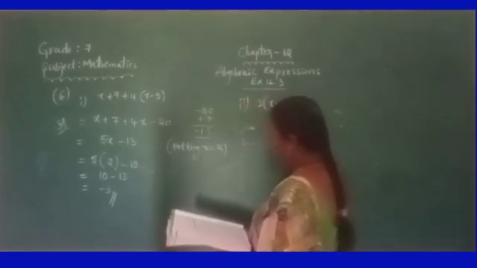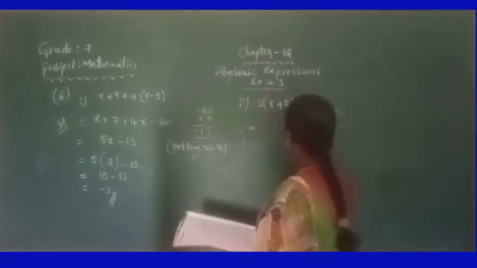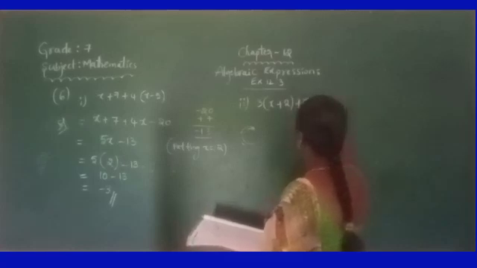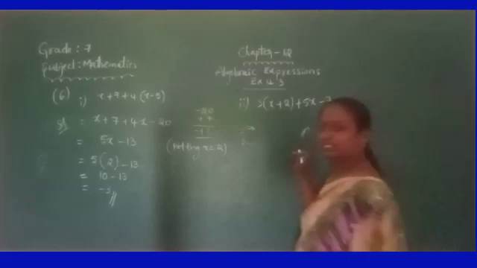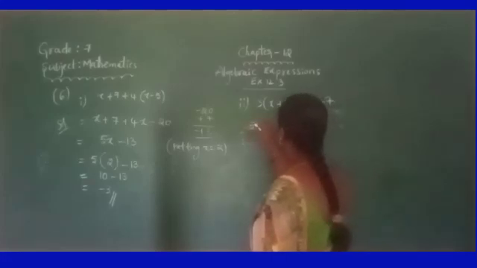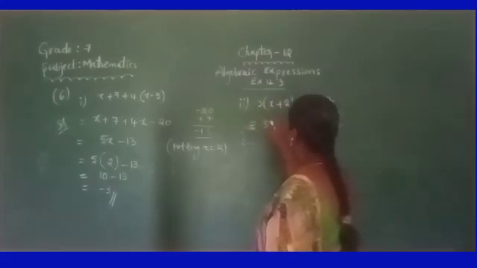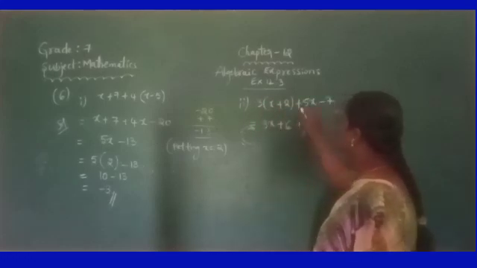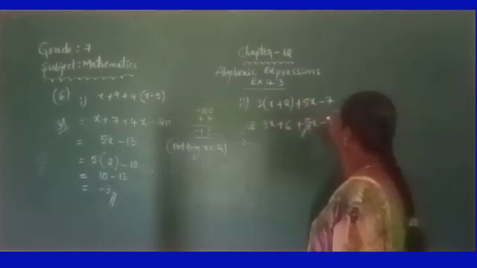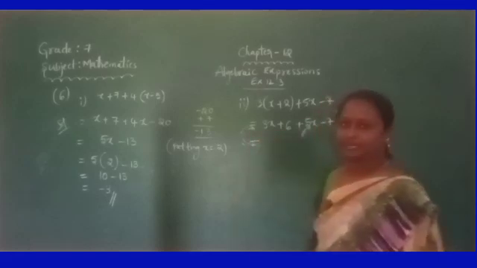Similarly, see the second one: 3 into x plus 2 plus 5x minus 7. Here also we have to simplify the expression first. That is 3 into x, 3x, plus 3 twos are 6, plus 5x minus 7.